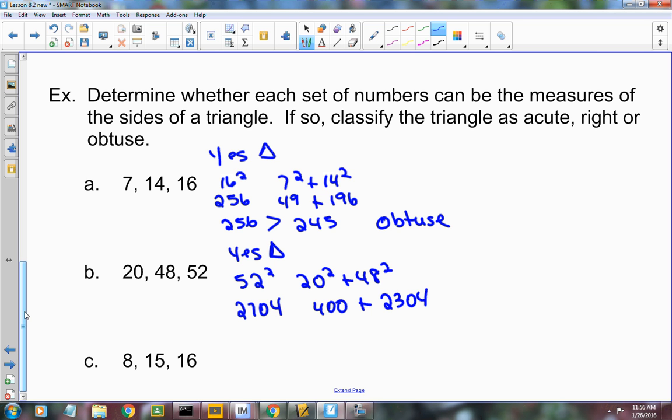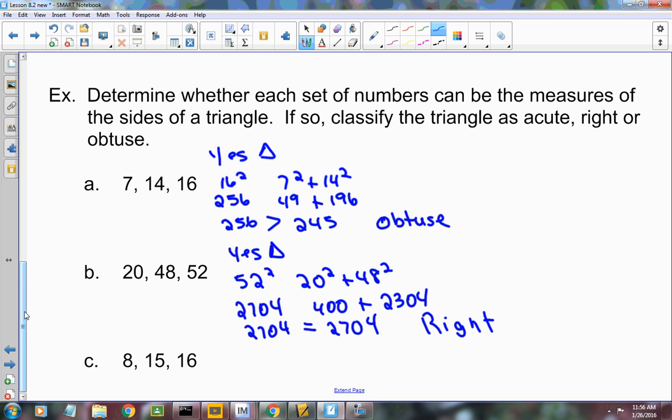If I add those two together, I get 2704 and 2704. Those are equal. So what does that make this? A right triangle. Is it a triple? Yes, it is a triple. Can you see what family it's from? 5, 12, 13, right? 5 times 4, 12 times 4, 13 times 4. So it is a triple.